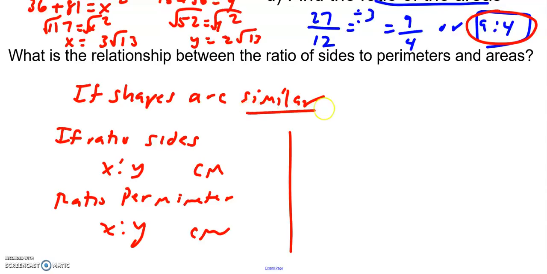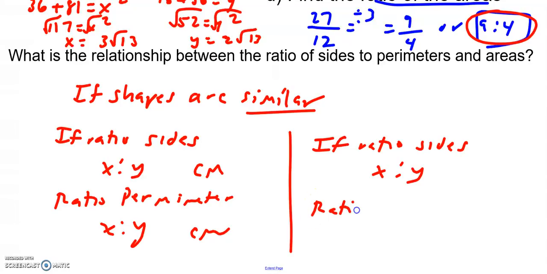However, if the shapes are similar, and if the ratio of the sides is x to y again, we notice that when we found the ratio of areas, it was the sides squared. So then the ratio of your areas, you could represent as x squared is to y squared, which again makes sense with the units we've been dealing with.